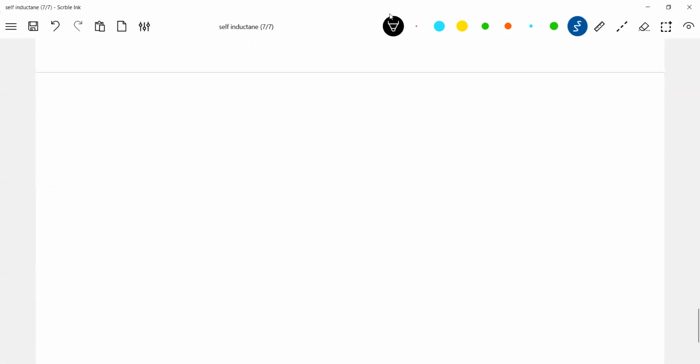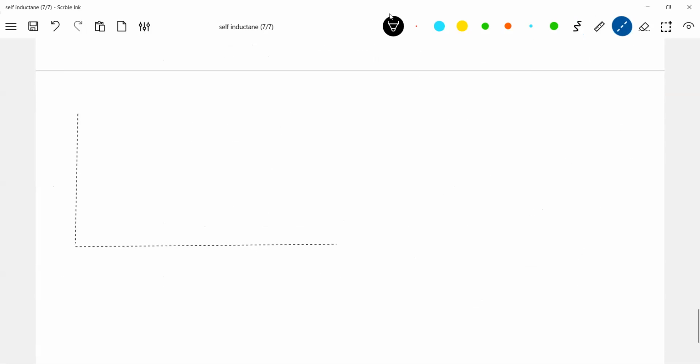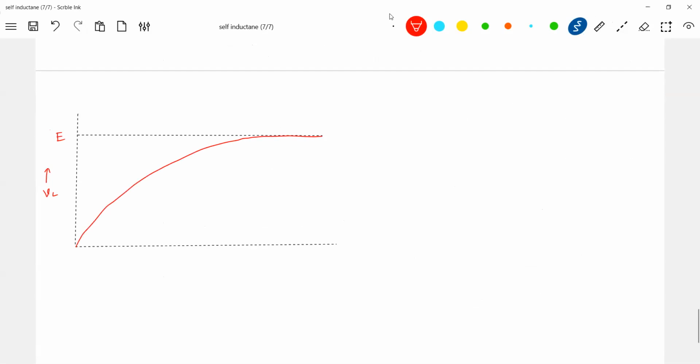When I go for plotting of the curves, the curve will be exponentially increasing, and it almost becomes constant exponentially.